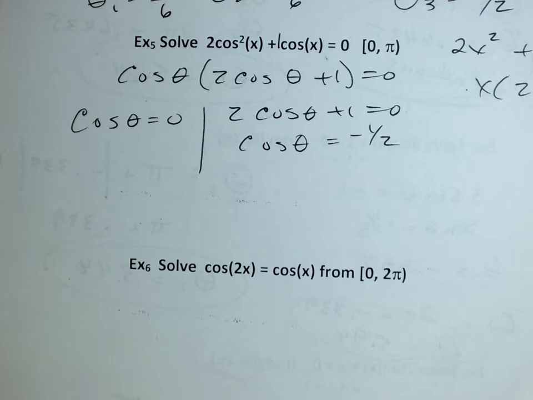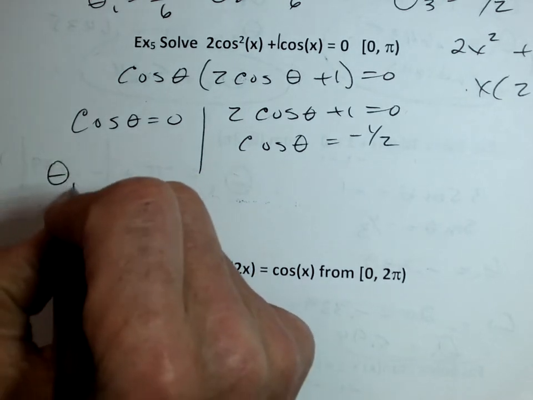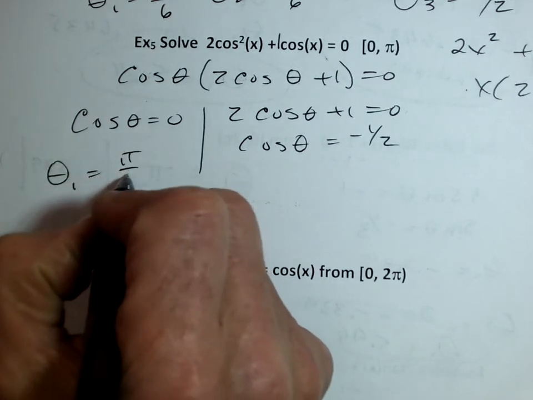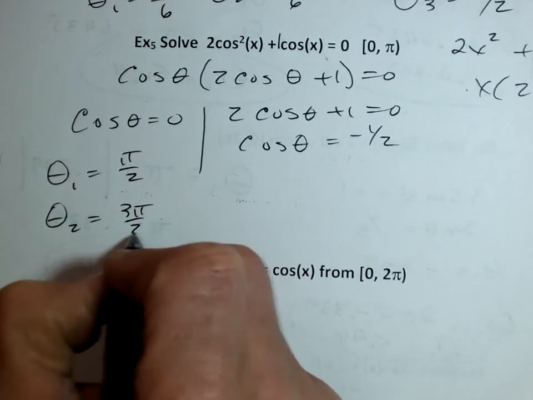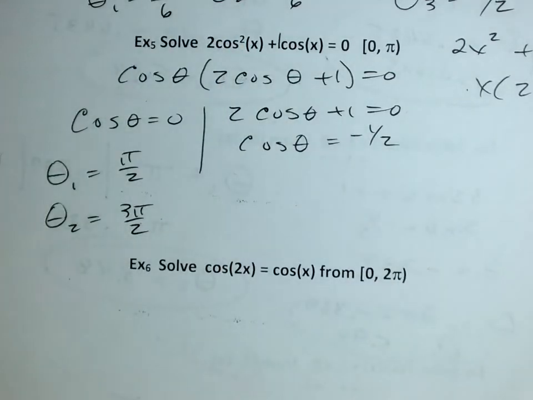Now, if it's on the unit circle, take that answer. Where is the x value equal to 0? It would be pi halves. Pi halves, yes. And where's the other? And 3 pi halves. X value 0 and x value 0, okay?